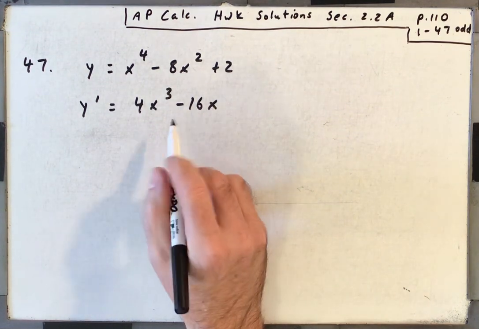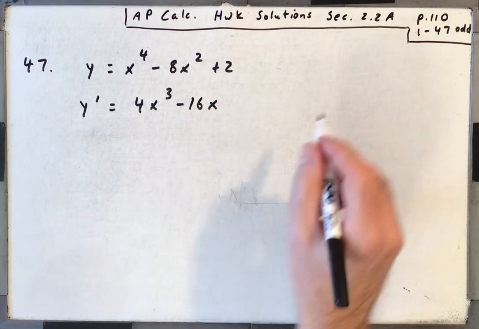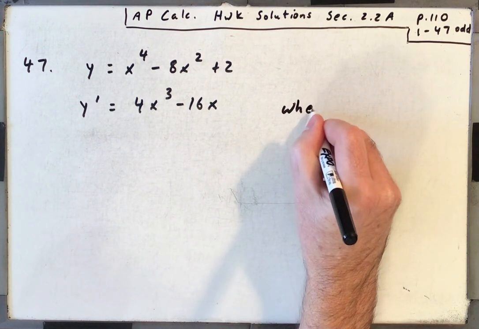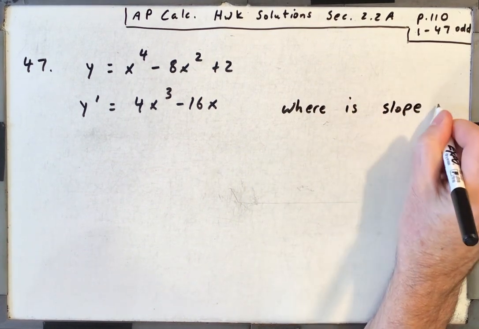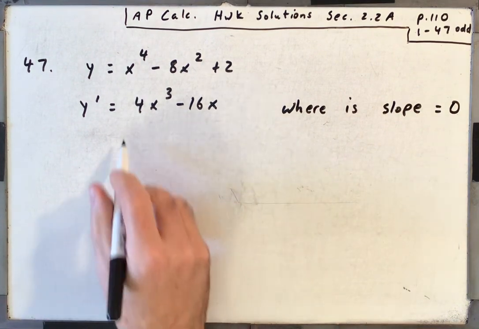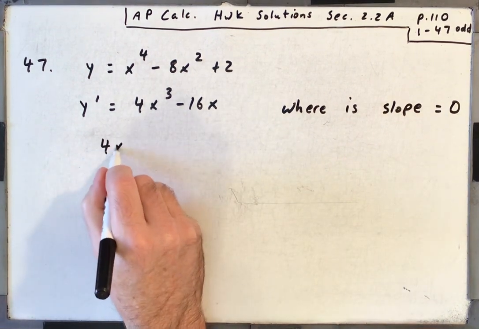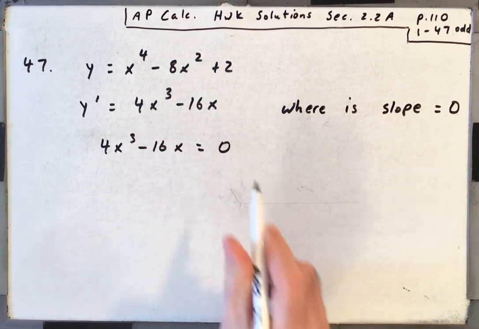Okay, so we want to know where the slope is equal to 0. That would give us a horizontal tangent line. Well, we're just going to set all this equal to 0. 4x cubed minus 16x equals 0.